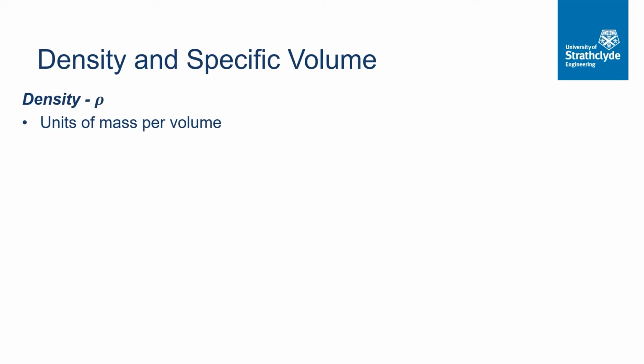Now, the units of rho, or density, is mass per volume. So the equation is given as rho is equal to mass divided by volume. And the units that we can be given for density include kilogram per meter cubed, gram per centimeter cubed, etc. The key thing here is that the units will always be of the form mass per unit volume.